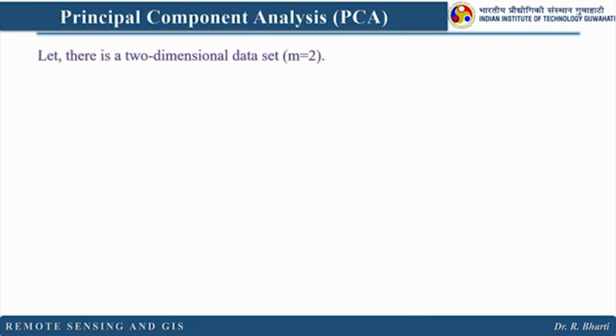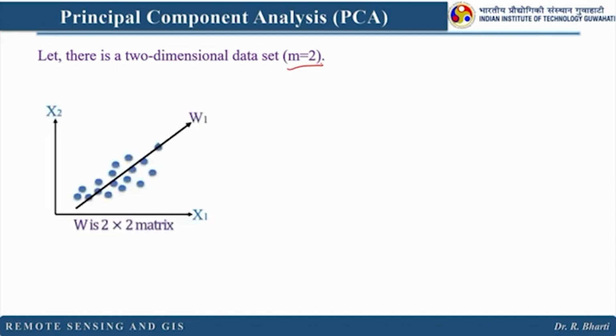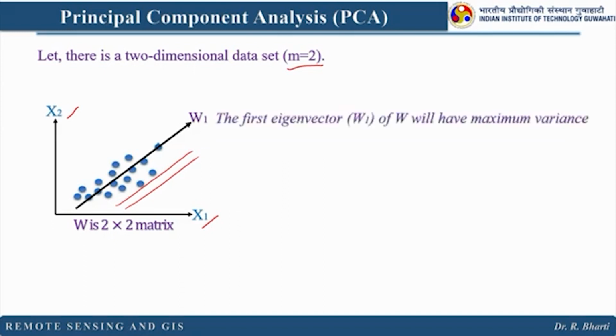So let us assume there is a two-dimensional data set, so m is equal to 2. Here you can see that x1 and x2 are plotted, and it has very good correlation, which we don't want. We want bands or images to have unique information, which is very difficult from the raw data. So we calculate W1, the eigenvector, and it will be in this direction.